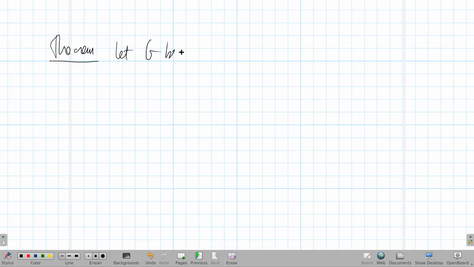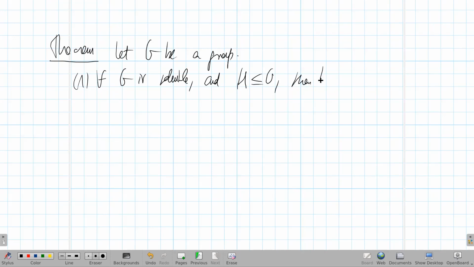Let G be a group. First, if G is soluble and H is a subgroup of G, then H is soluble as well. So far, so good. I mean, a subgroup of a soluble group is soluble. We'll prove this, by the way.